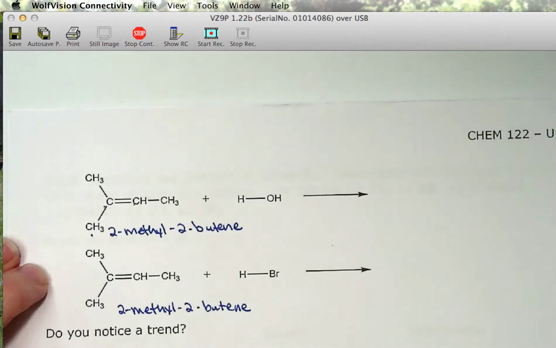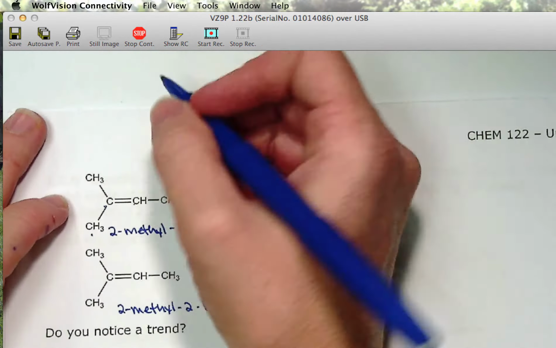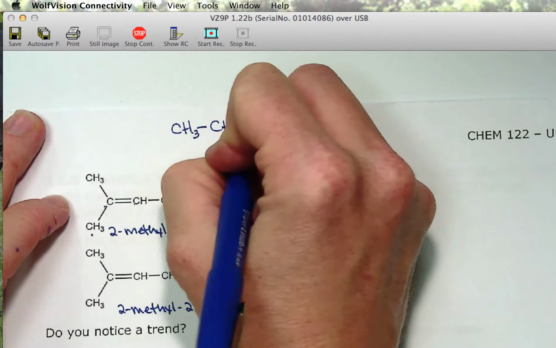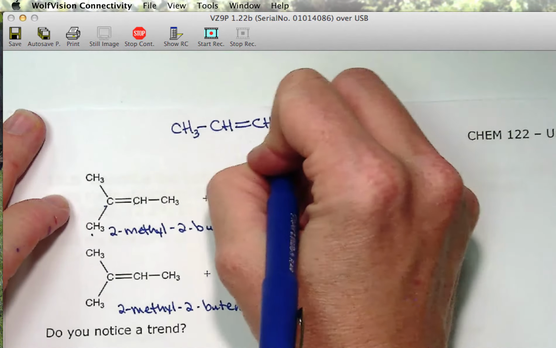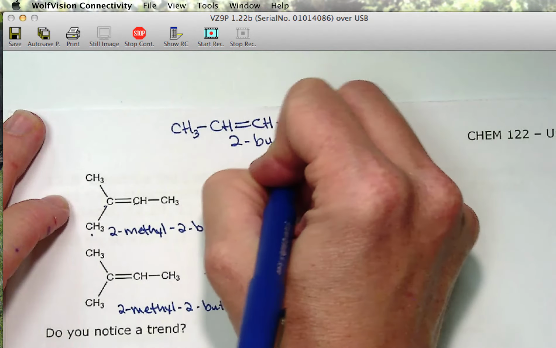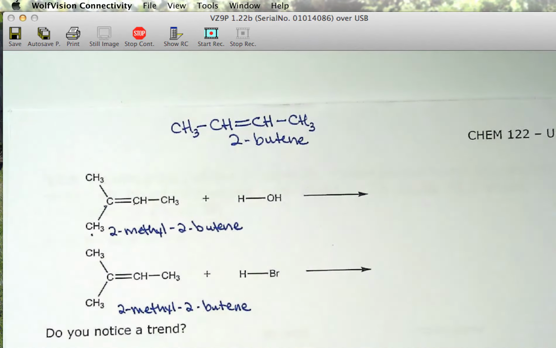So our example previously of these reactions dealt with 2-butene. And 2-butene is lovely, isn't it? It's so appealing to look at because it's symmetrical.